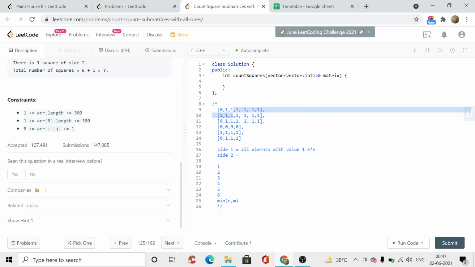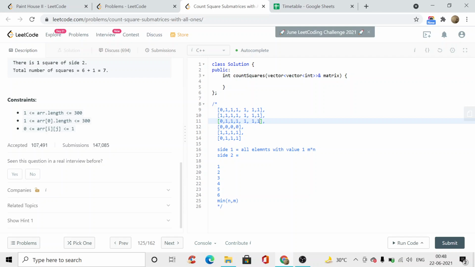Like for a square of 3 by 3, the sum is always going to be 9. So if we are getting a sum of 9, it means it is a square of 9, but we need to be checking squares only.